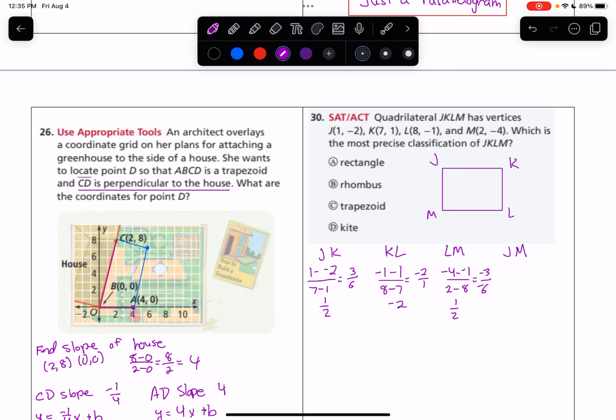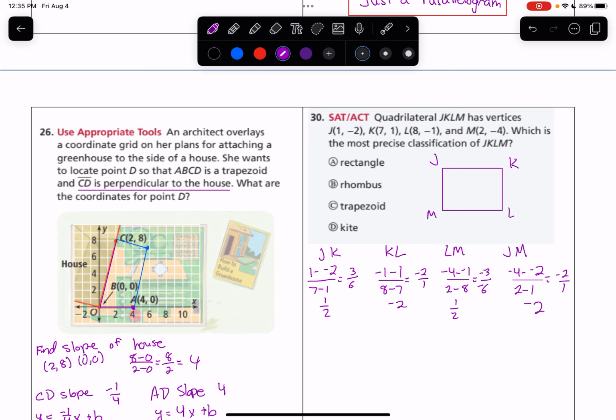And MJ is going to be negative 4 minus negative 2 over 2 minus 1, and that is going to be negative 2 over 1, which is negative 2.